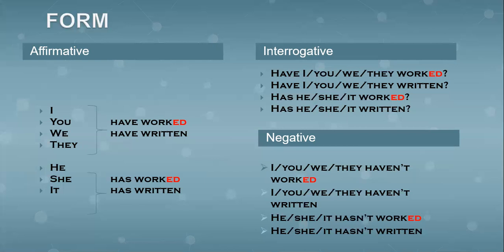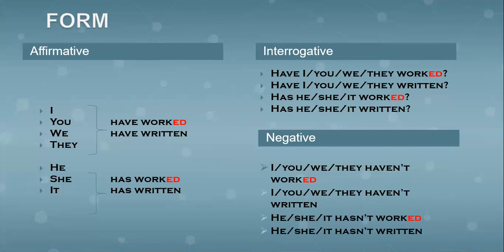Okay? So we say I, you, we, or they haven't or have not worked. Or I, you, we, they haven't written. Okay? So this is how we put the present perfect form into negative by putting the word not right after the verb to have.